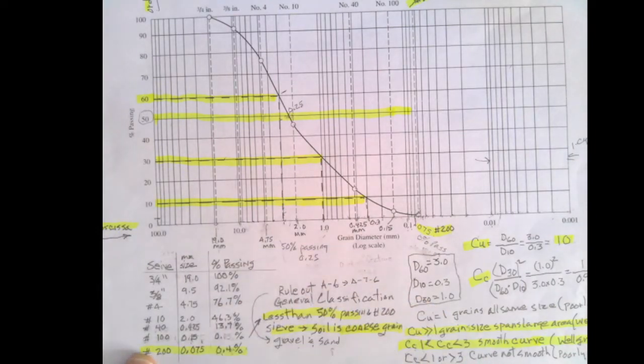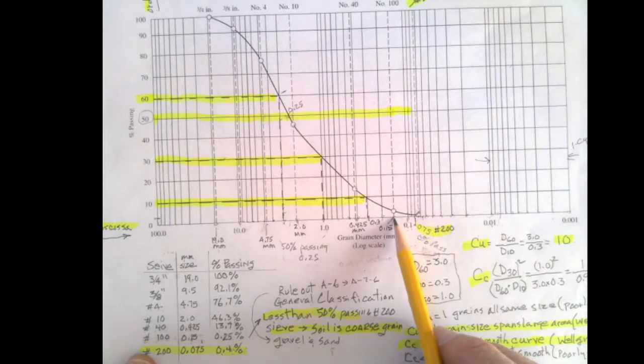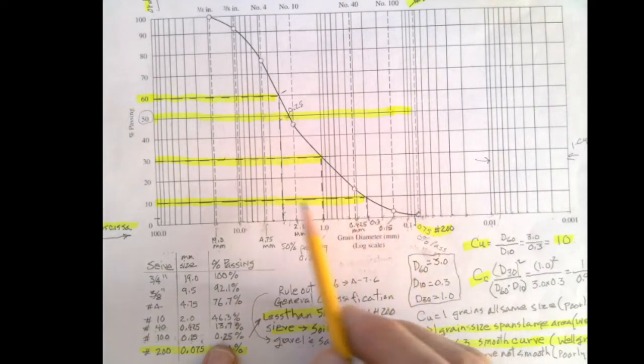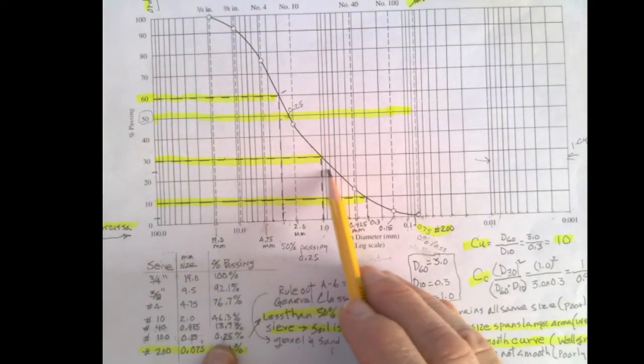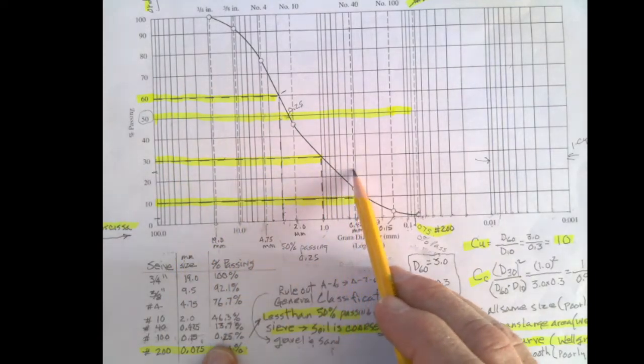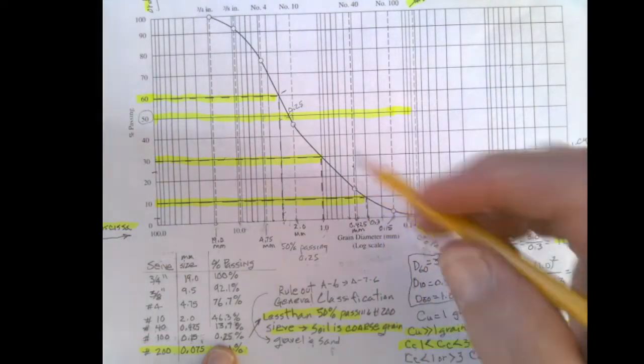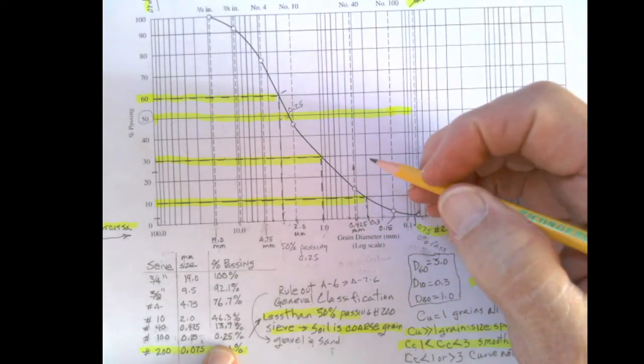So the size is 0.15, the passing is 0.25. So if the size is 0.15 right here, and we have 25% passing, we should be up here coming across and down, which is where this plot would actually be.